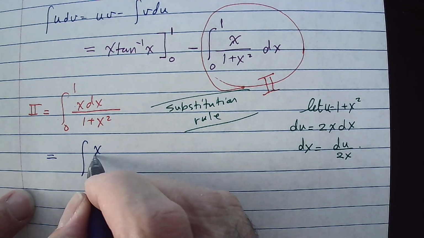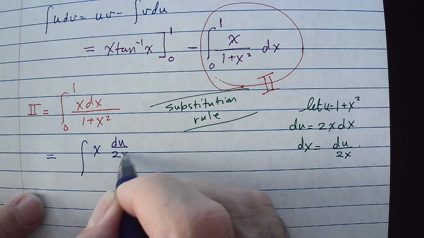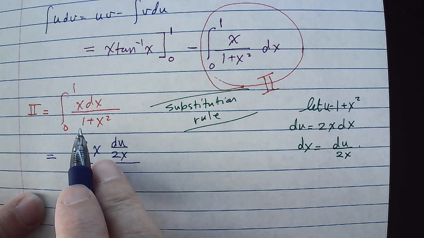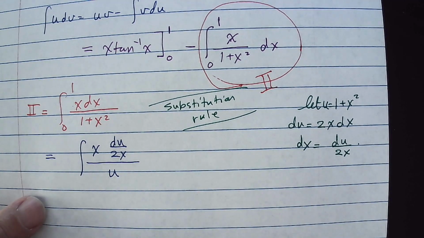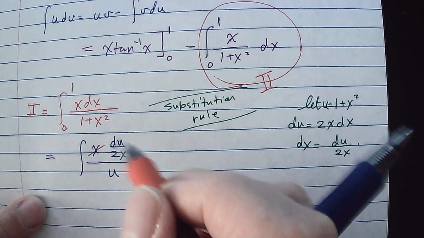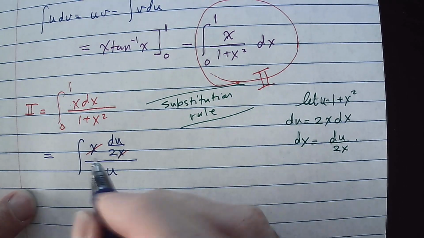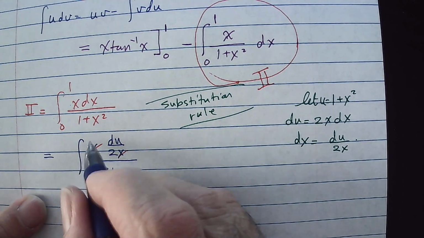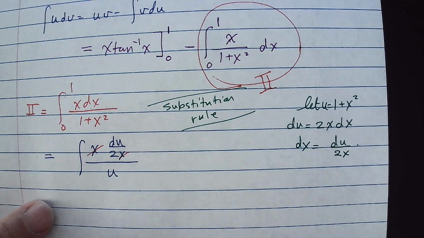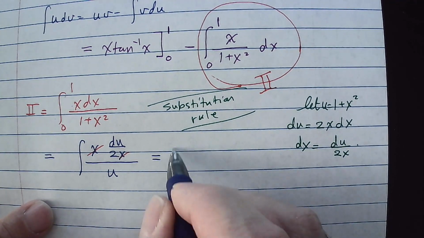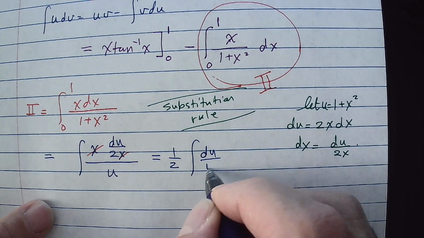So this is x. The dx now is du over 2x divided by 1 plus x squared is simply u. This x now removes this x, and I have a 2 spared out, and because this is now mixed with u and x, I keep the bounds in my hand, I don't use them. So this becomes simply 1/2 the integral of du over u.